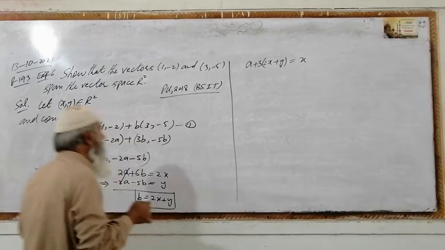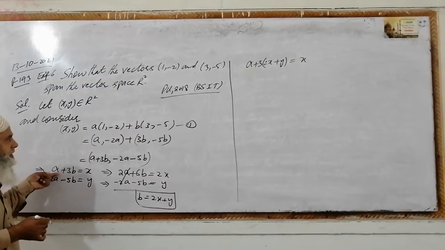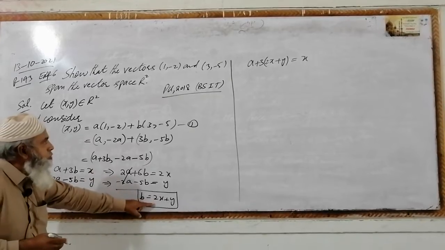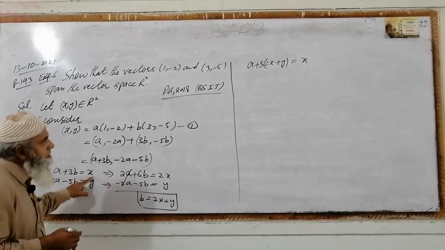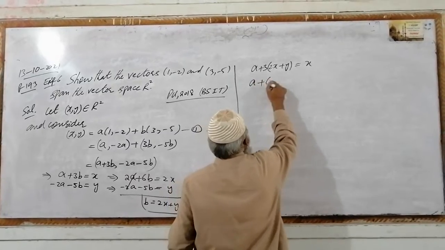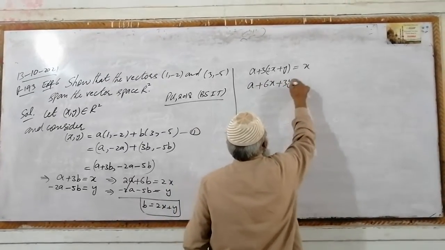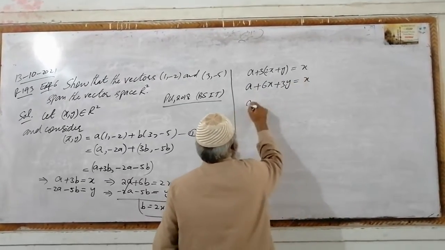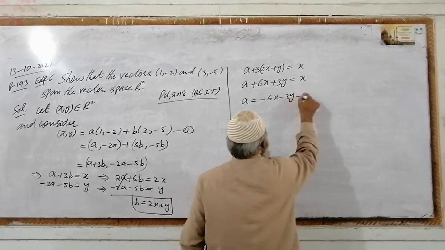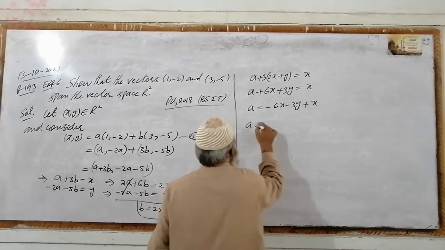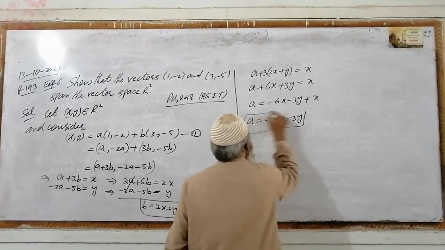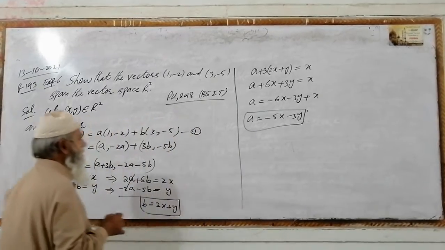Once again, a + 3(2x + y) = x, which gives a + 6x + 3y = x, and from here a = -6x - 3y + x, which gives a = -5x - 3y.